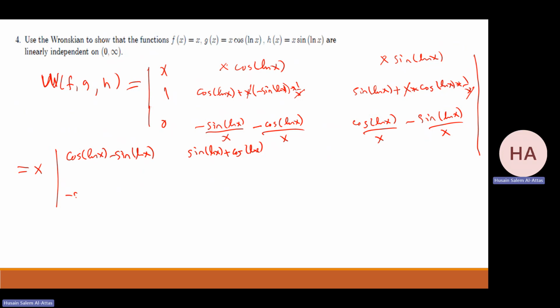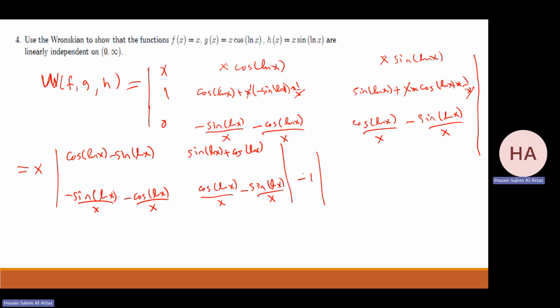Here I have minus sine ln x over x minus cosine ln x over x. Yeah, I cancel this with this. And then I have cosine ln x over x minus sine ln x over x.